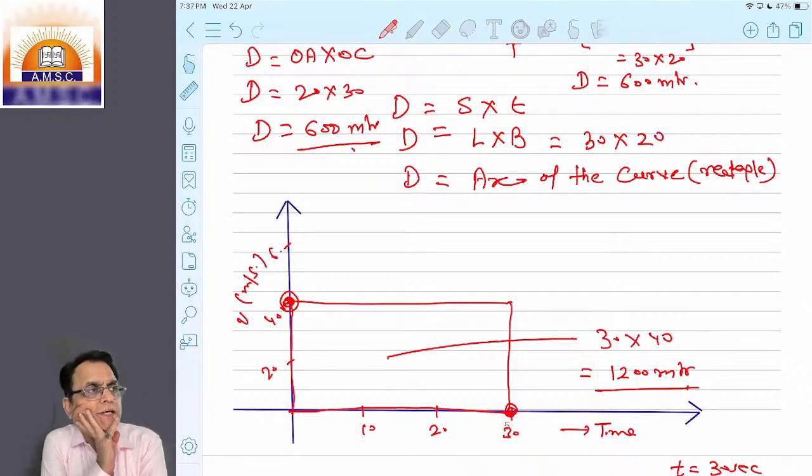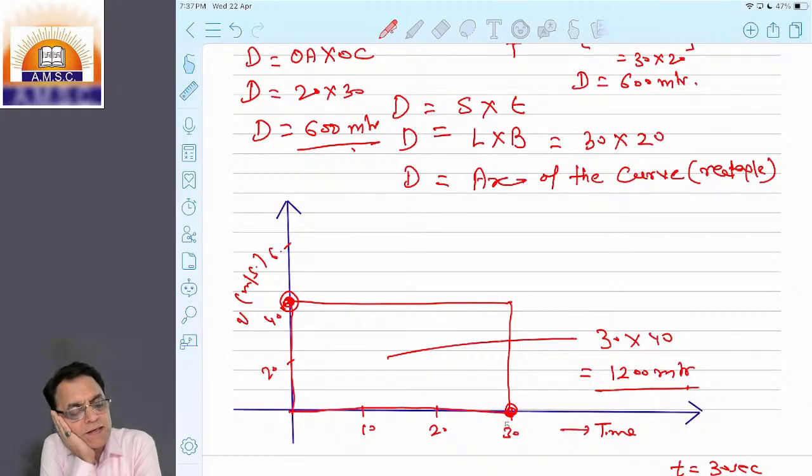The distance of a moving object can be estimated by finding out the area under the curve.